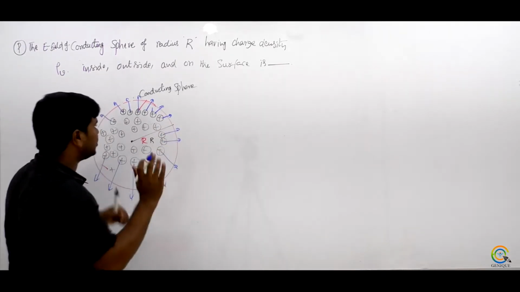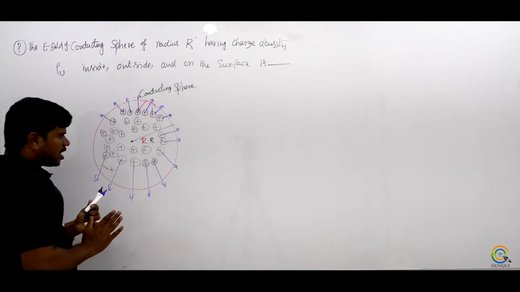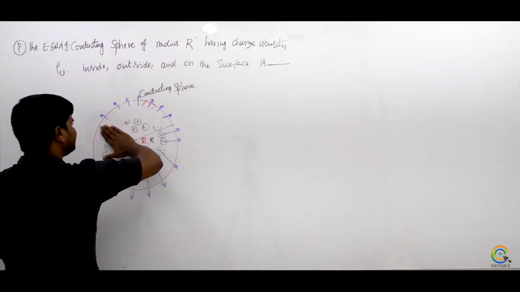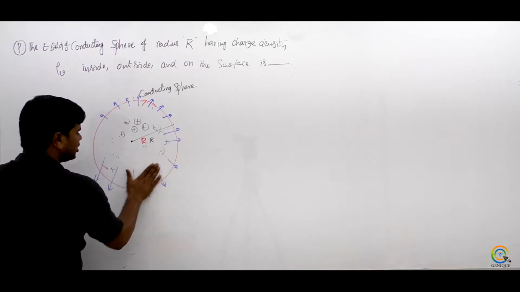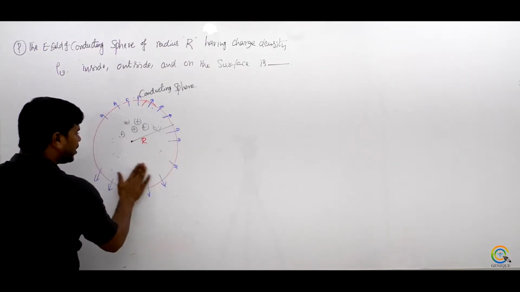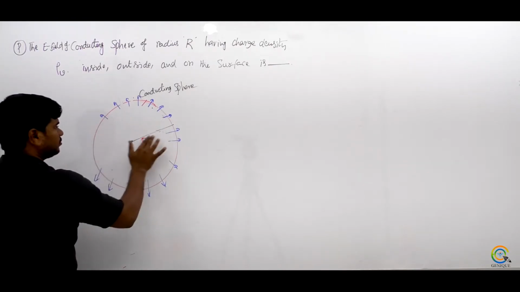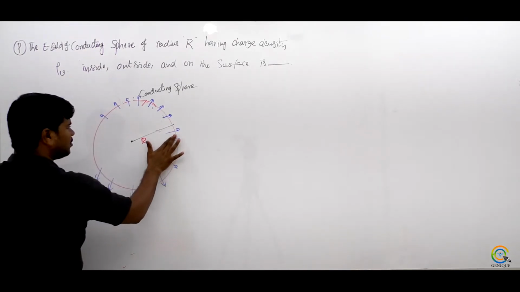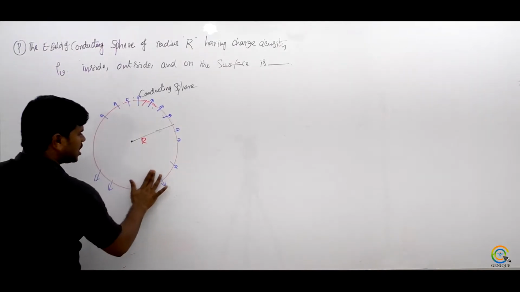This is the thing you have to notice. If all the charge carriers come out to the surface, there will not be any charge within the sphere. This is one of the important things that most people don't know: the difference between the conducting sphere and the charged sphere.